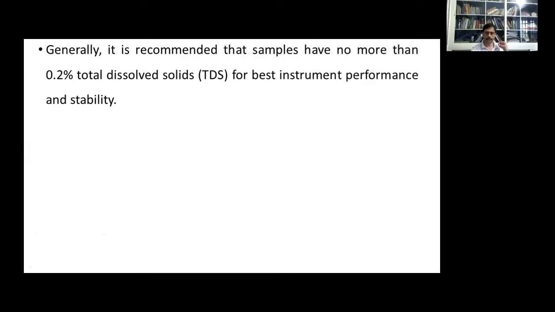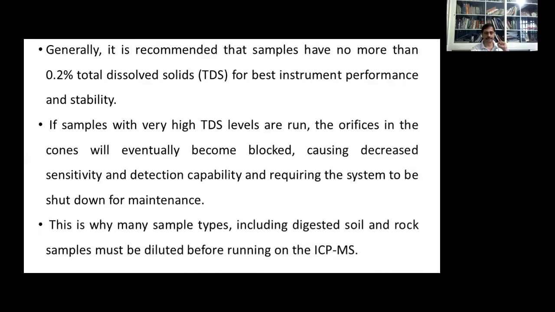If the sample is a highly concentrated one, then it will affect the stability of the instrument. You should see that sample concentration is not more than 0.2% in terms of total dissolved solids. If samples with very high total dissolved solid levels are run, the orifices in the cones will eventually become blocked.